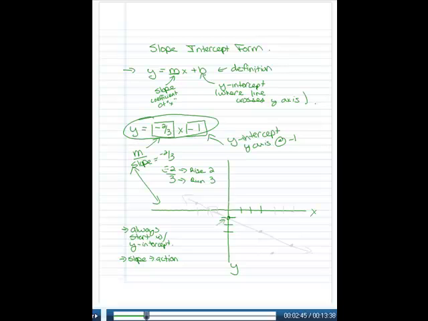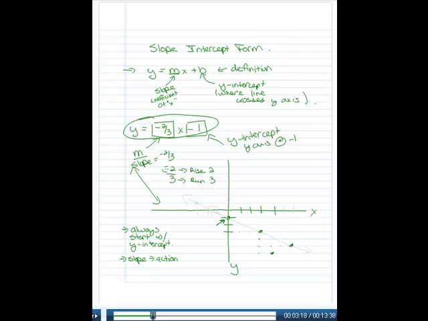So my next point is down 2 over 3. It lands right here. And again, I started at the y-intercept. And we can keep going. From this point, let's go down 2 over 3. 1, 2, 3. So this is my next point.